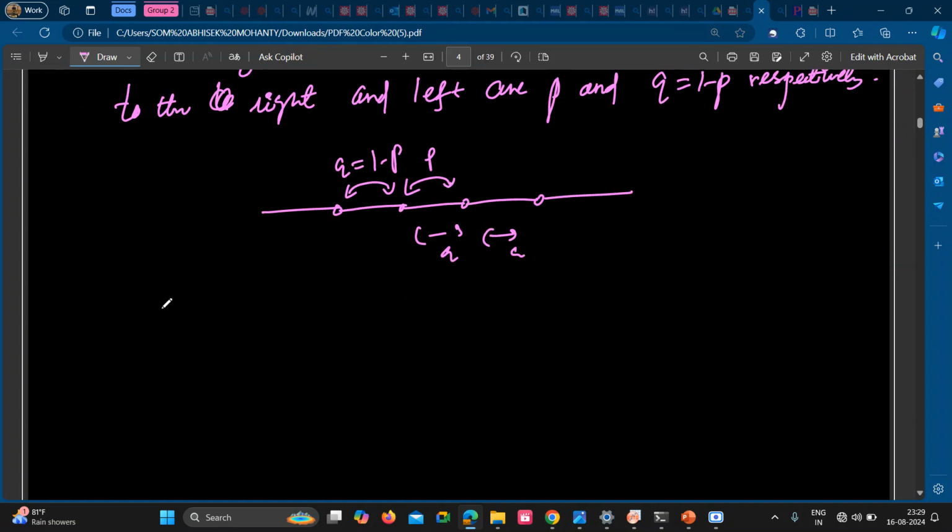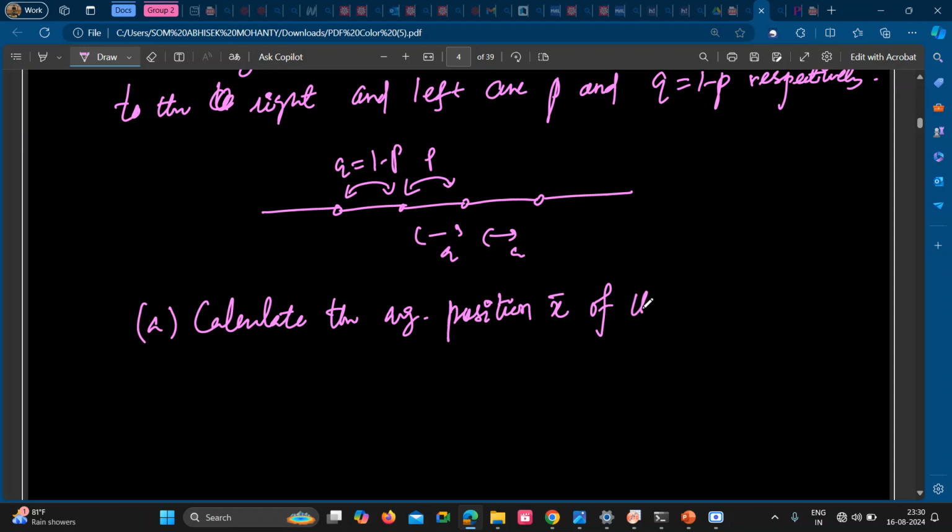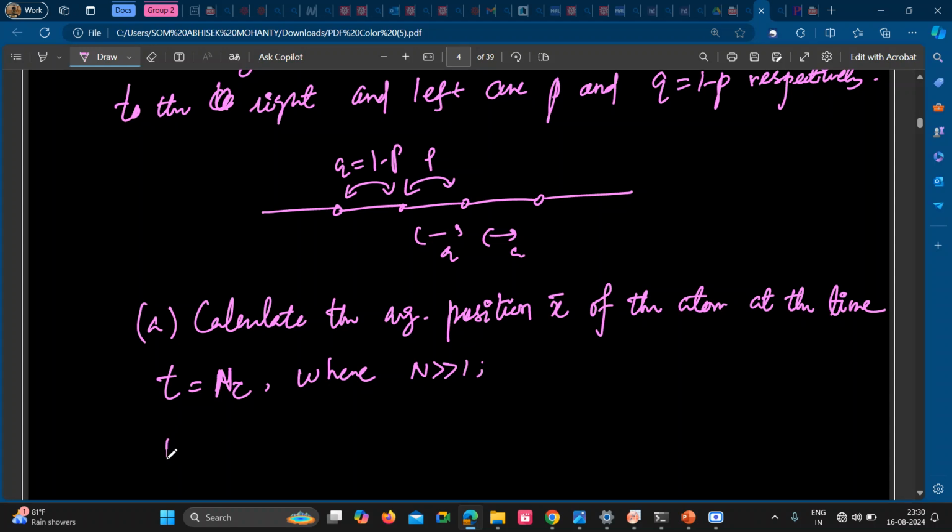So the first question is: calculate the average position x bar of the atom at the time t is equal to n tau, where n is very much greater than 1.